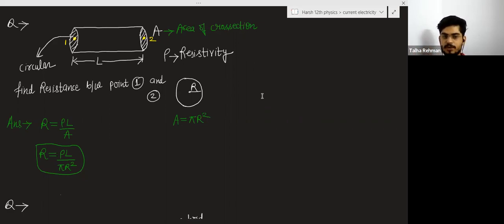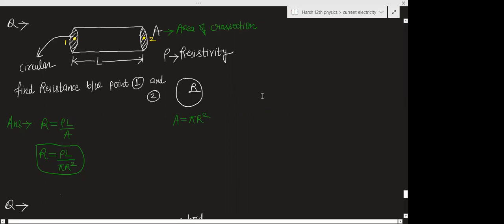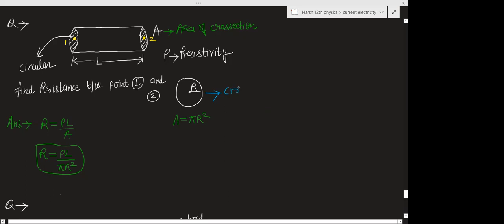Accordingly, you have to put the values in the formula for length and area. Now note it down.